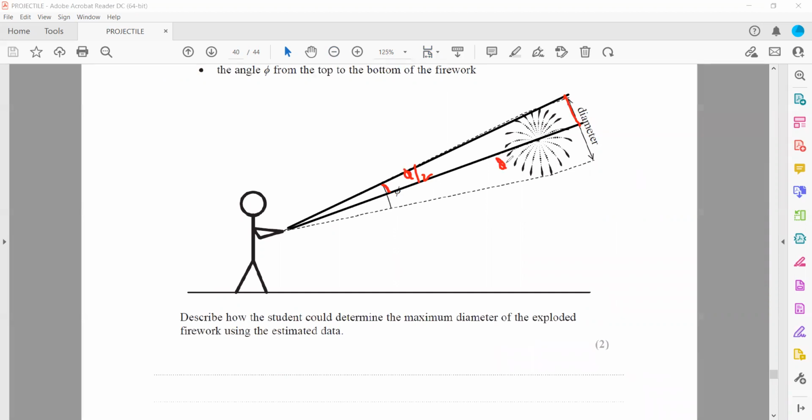If we are able to determine the distance, because we know the time and we know the speed of the sound, then using the speed of the sound, speed is equal to distance divided by time, so speed multiplied by time is equal to distance. The speed of sound is known, the time is there, so we can find the distance between the firework and the student.